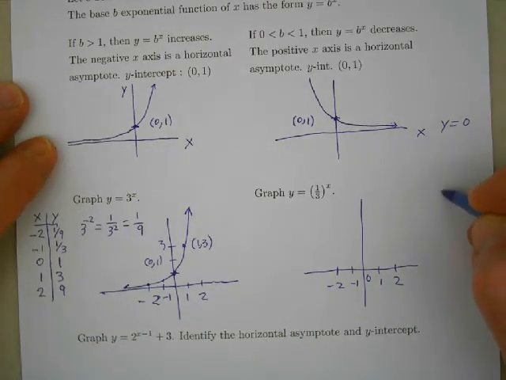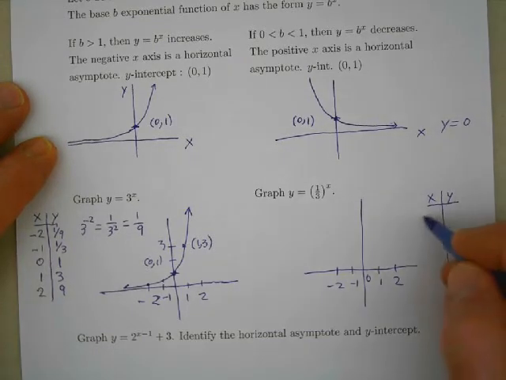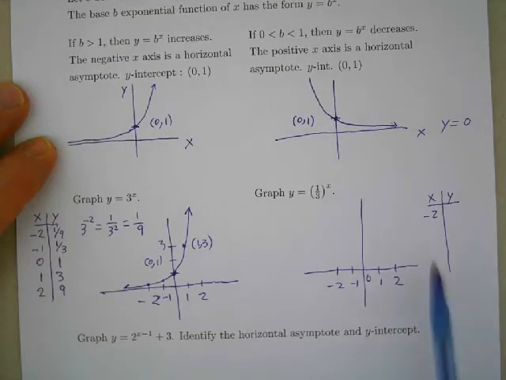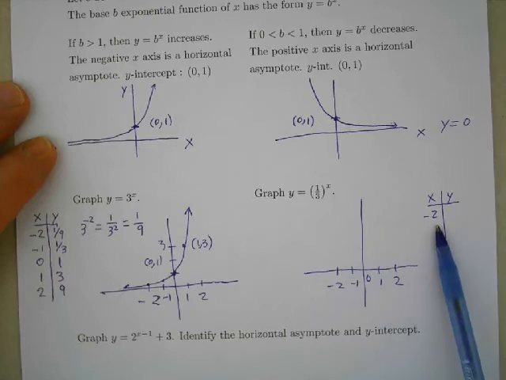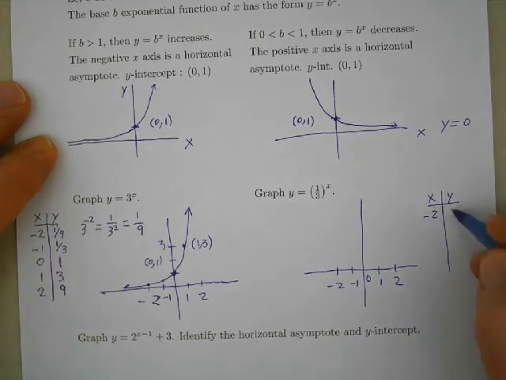And over here I'll have my x and y coordinates. When x is -2, 1/3 to the -2 is equivalent to 3 to the +2, which is 9.